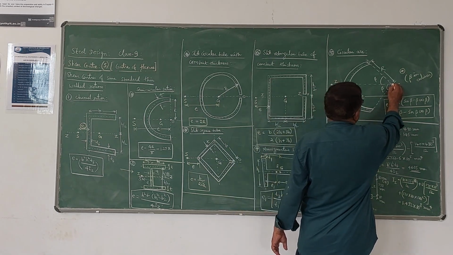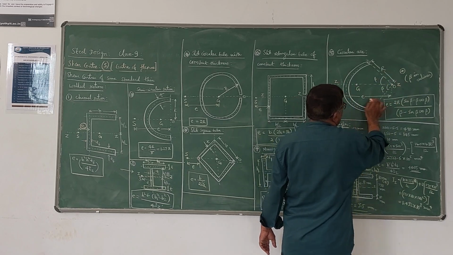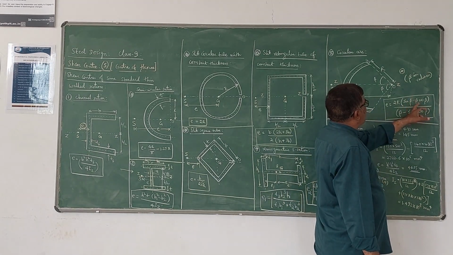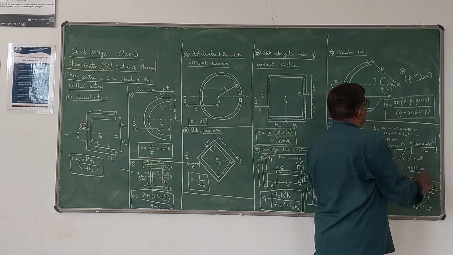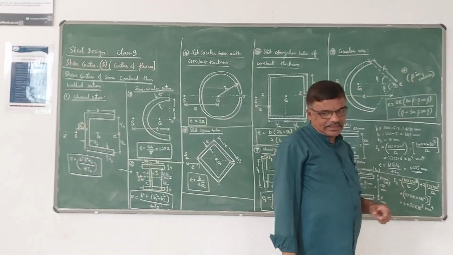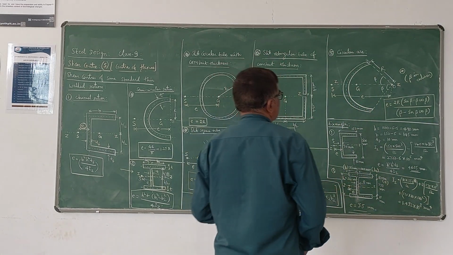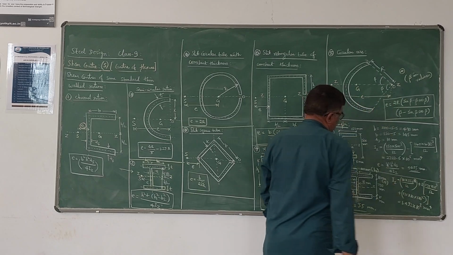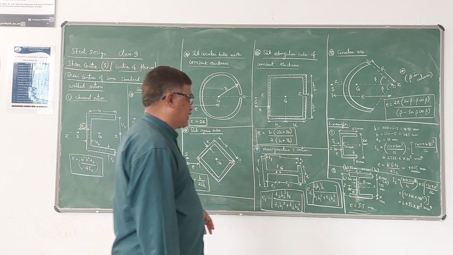Here E is measured from the center of this circle, so OS is the E value. Here E is given by 2R into (sin beta minus beta cos beta) divided by (beta minus sin beta cos beta). Only thing is beta should be in radians, so degrees should be converted to radians. If you substitute here, you will get the distance E, that is the location of the shear center from the center of the circular arc.